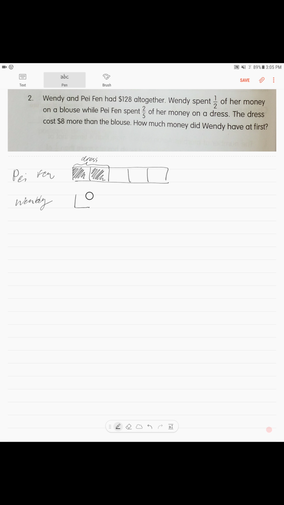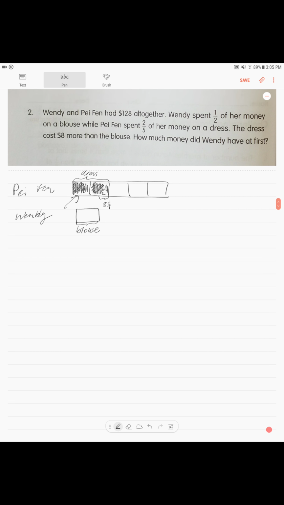It's not the same unit, but it's going to be a bigger part, and there is going to be a difference. This difference is $8, and this is the blouse. See what I did here? On top you have 1 unit, 2 units. This is the money spent on the dress.